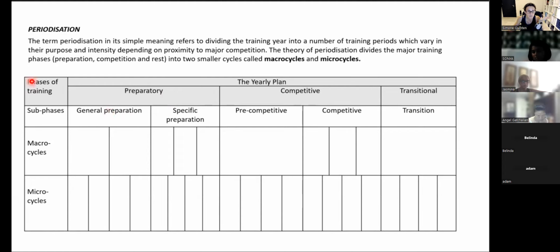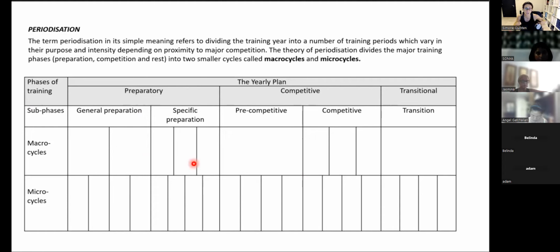Okay, so you do have a macrocycle, which is basically your whole year, and you do have mesocycles, which would be divided into up to 3 month sections or maybe 6 week sections.